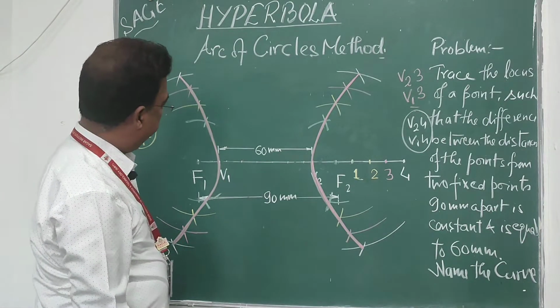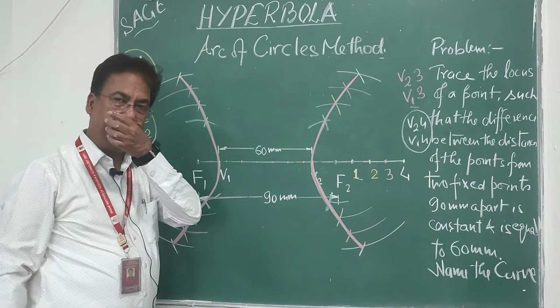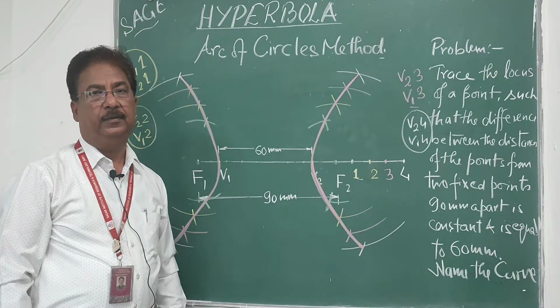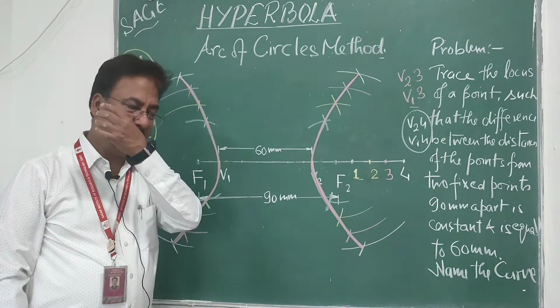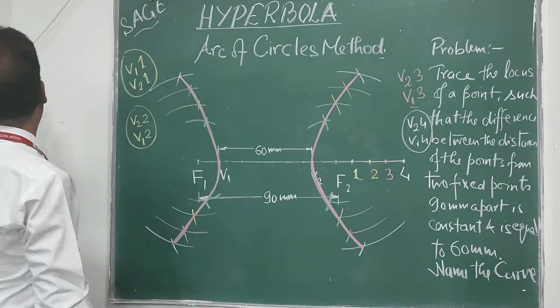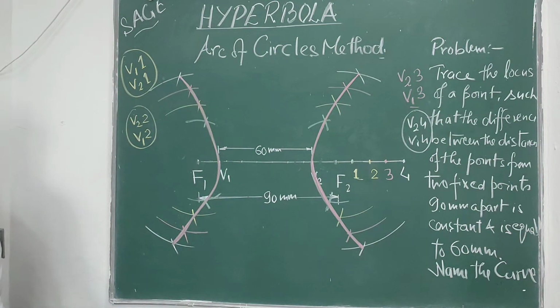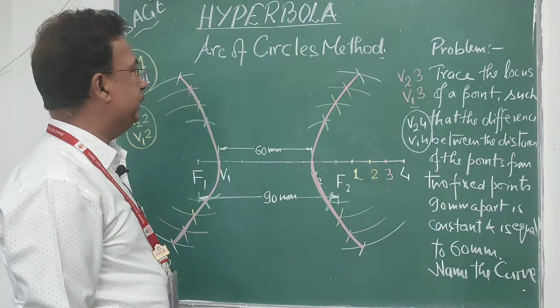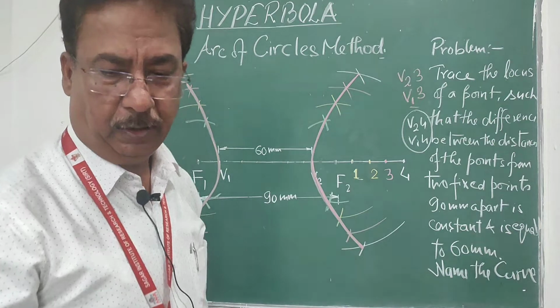So this is the hyperbola using the arc of circles method, justifying all those points which are making the difference of the distance from the two fixed points equal to 60 mm.